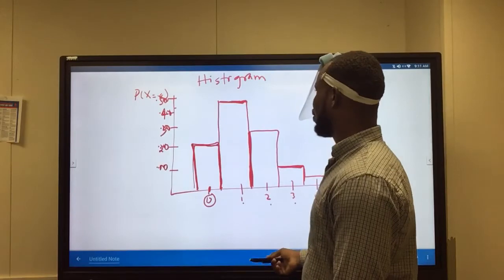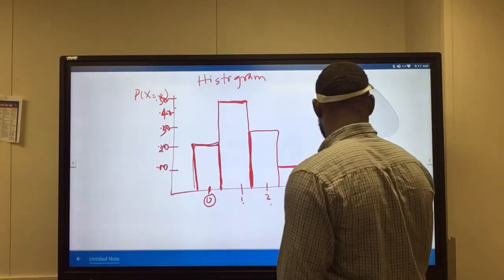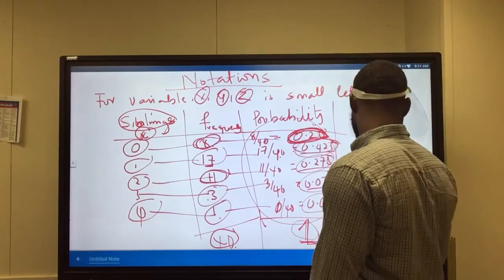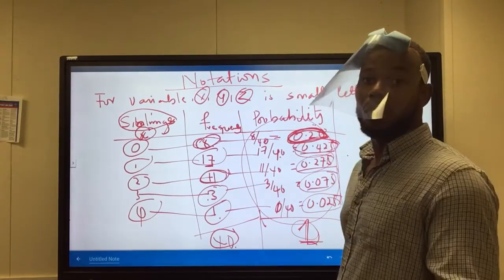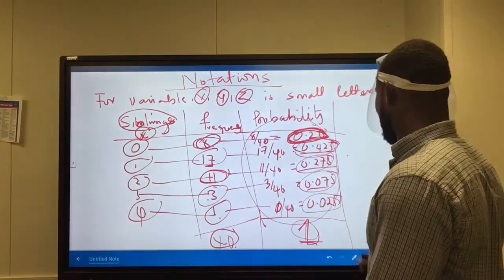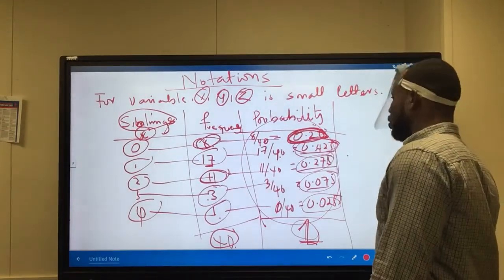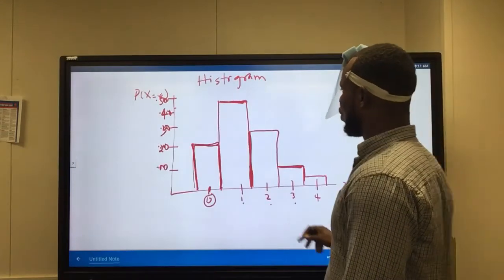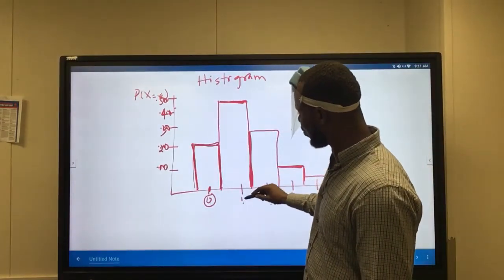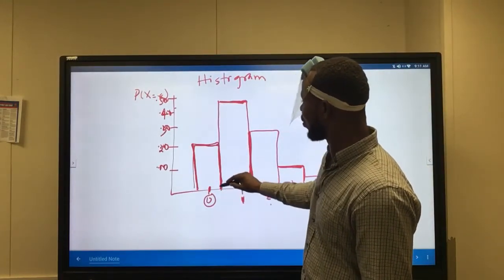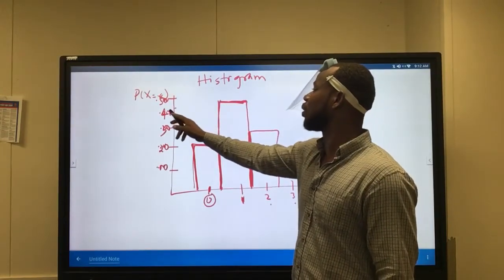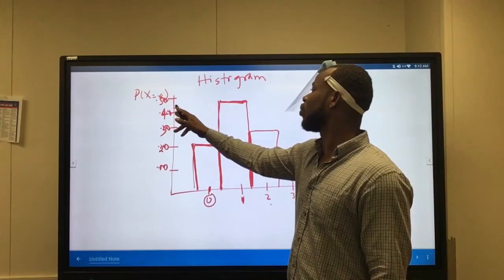So this is how we draw a histogram. Then the next family is almost 0.4. Let's go back and look at it. This is 0.425, so on the histogram, for 1, I'm drawing from here all the way to 0.425, which is a little bit above, somewhere over here.